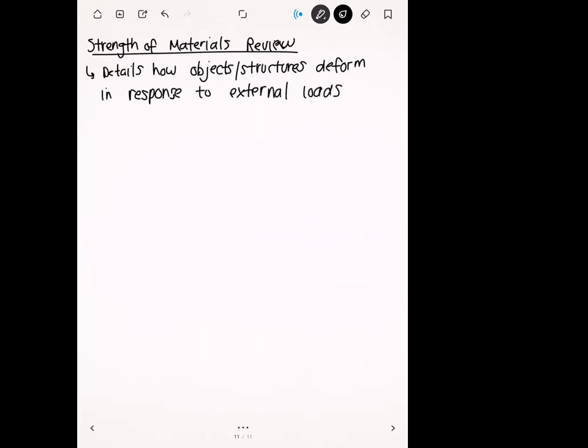The way structures deform depends a lot on the strength of the material.